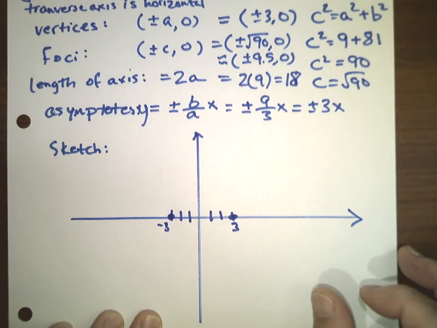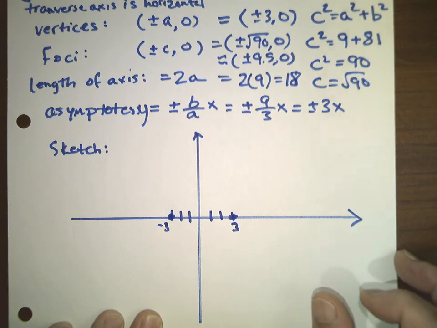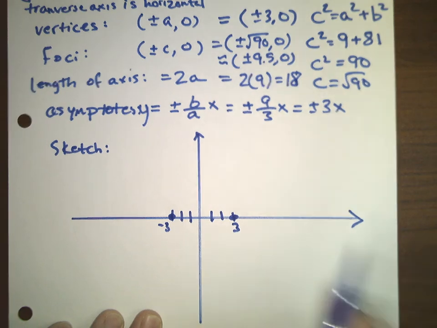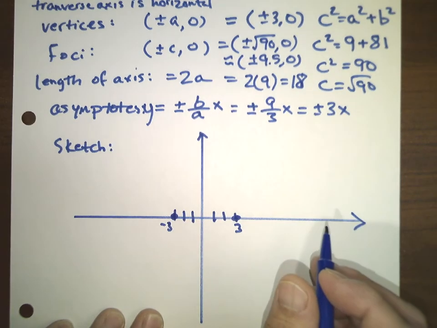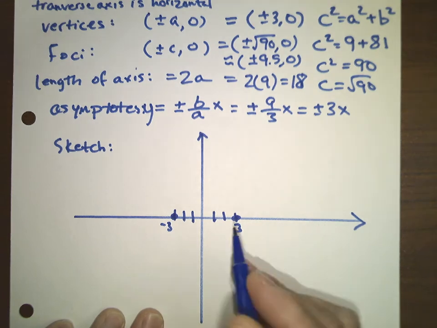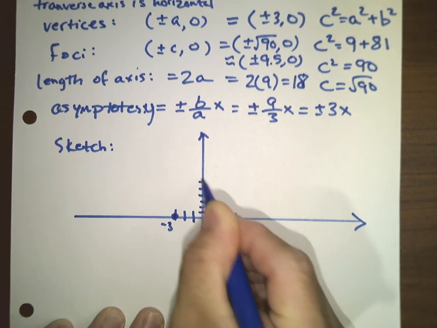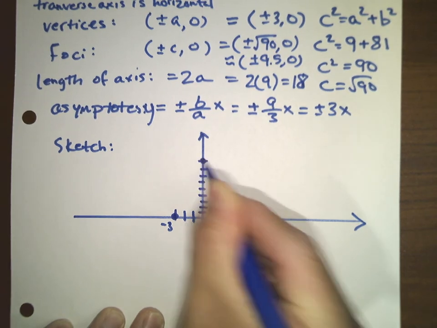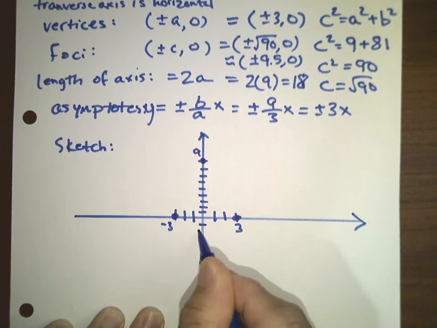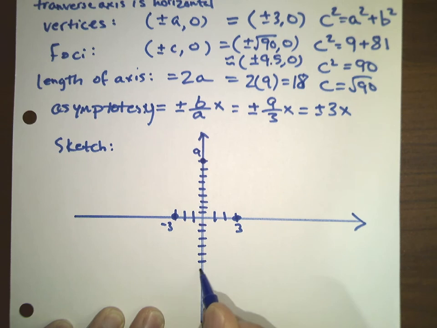And then the b was actually 9 here, so I will go up and down 9 on the vertical axis, the y-axis. So this will be 1, 2, 3, 4, 5, 6, 7, 8, 9, and 1, 2, 3, 4, 5, 6, 7, 8, 9.